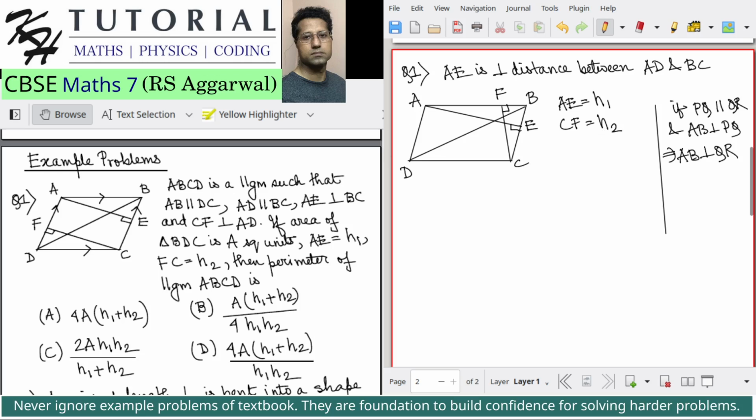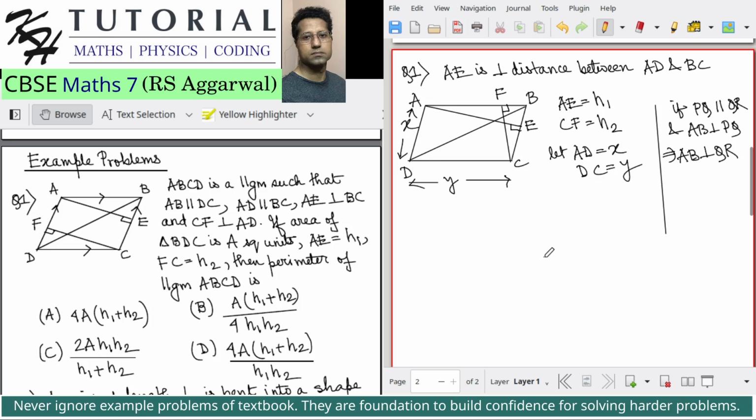Let the length of the adjacent sides of this parallelogram be x and y. So we assume AD is equal to x and DC is equal to y.